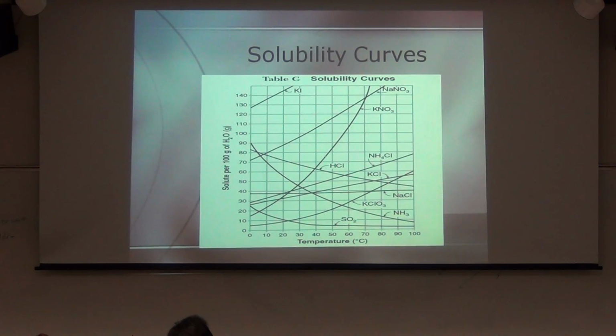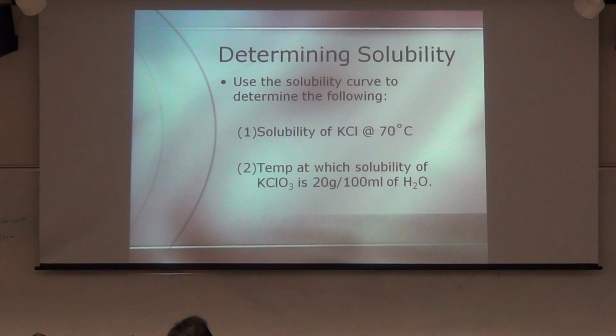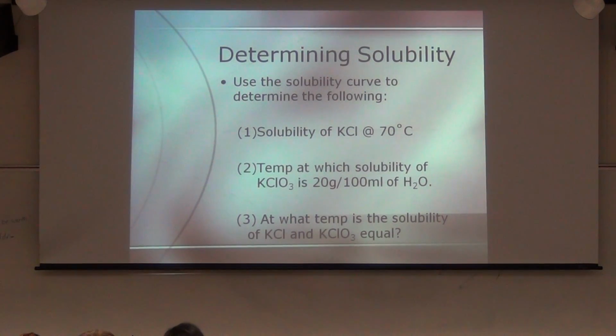So on the next slide, I've got 3 questions that I would, and they're not written on your note sheet, but if you would take a moment to use the solubility curve on your note sheet to try and answer each of these 3 questions. It'll take 30 seconds or a minute to do that, and then we'll follow up and make sure that we're all up to speed on interpreting our solubility charts. So the first one asks, what's the solubility of potassium chloride at 70 degrees Celsius?